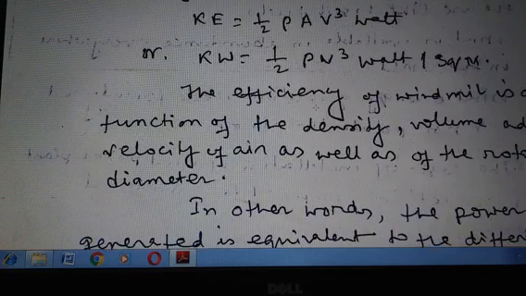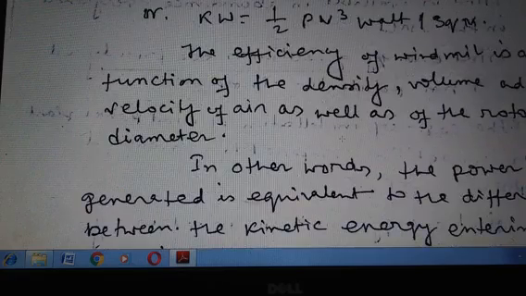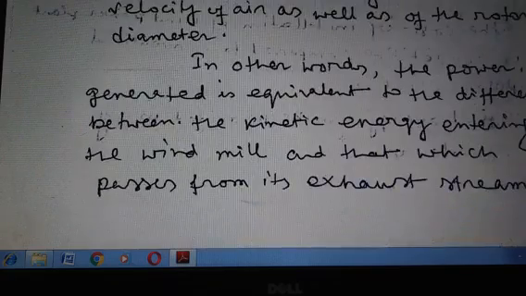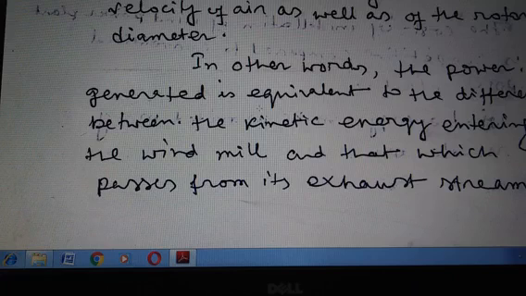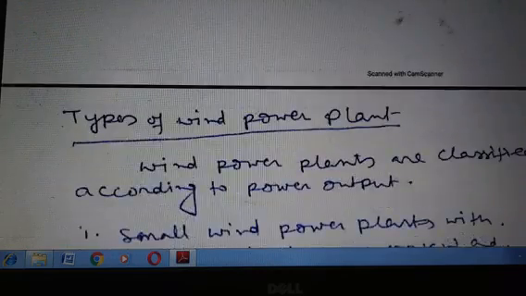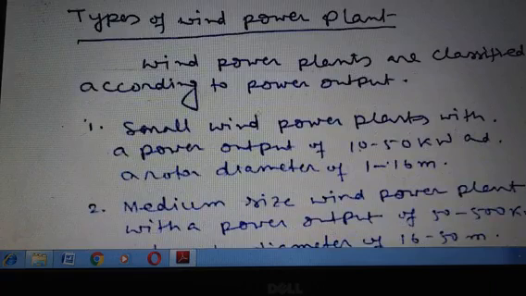The efficiency of the windmill is a function of the density, volume and velocity of the air as well as the rotor diameter. In other words, the power generated is equivalent to the difference between the kinetic energy entering the windmill and that which passes from the exhaust streams.